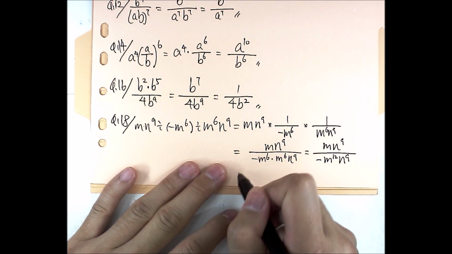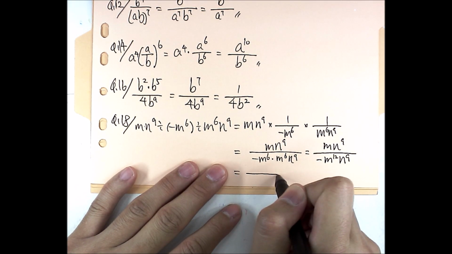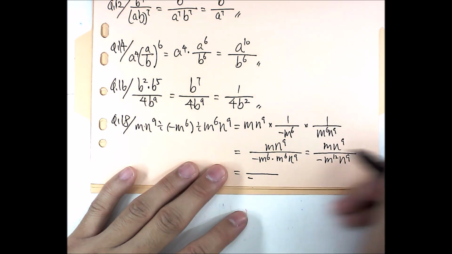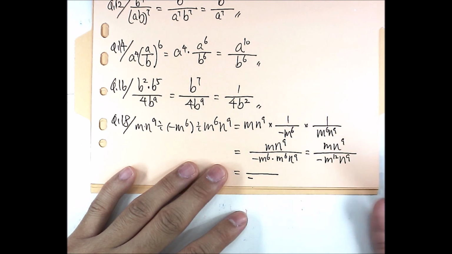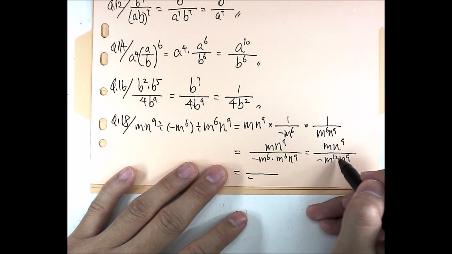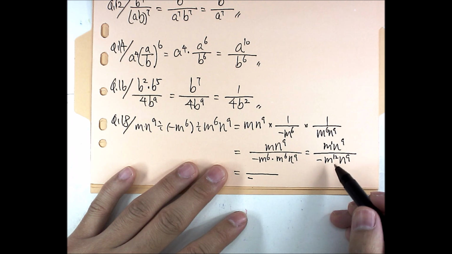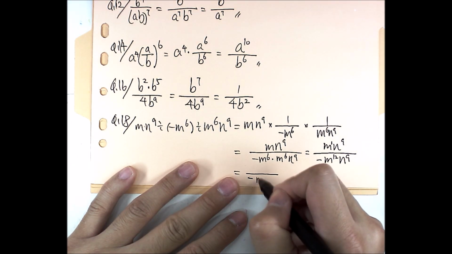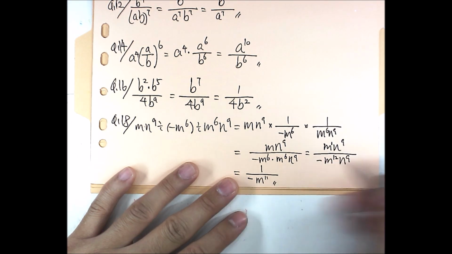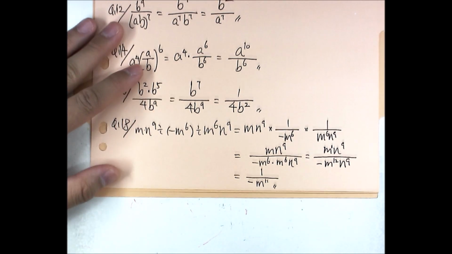Understand? One more step, fraction line, minus, keep it. So n to the power 9 and n to the power 9 are the same, right? You can just cancel them, no n anymore. For the m, here m is 1, so you have to do 12 minus 1. The result should be at the bottom. So a 1 here. Is it okay?